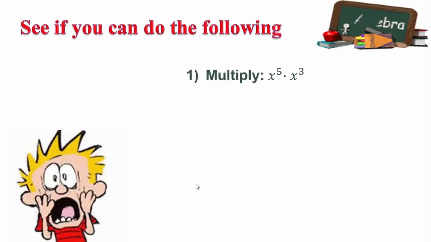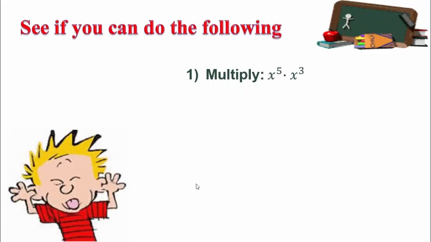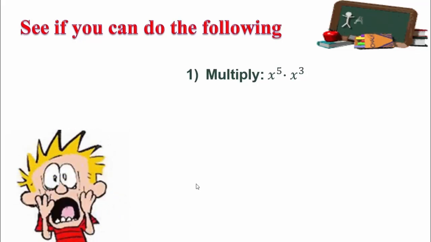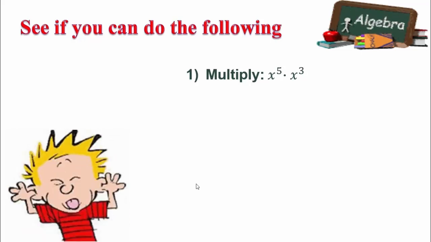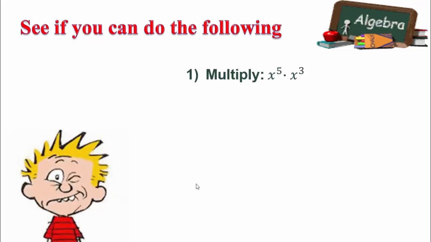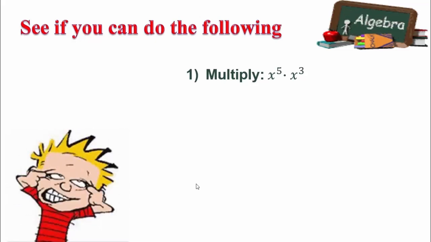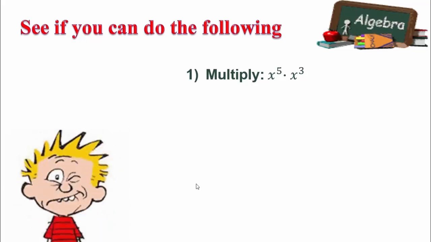So let's see if you can do the following. Why don't you take out a pencil and paper and see if you can multiply x to the fifth power times x to the third power. Don't worry if you can't, because we will learn about this in these lessons.